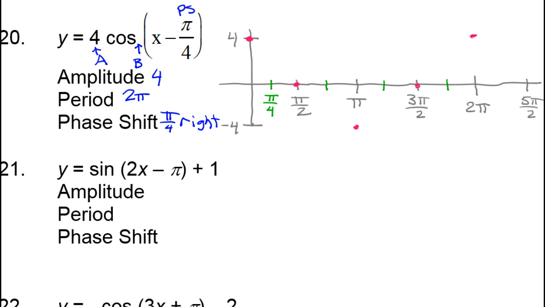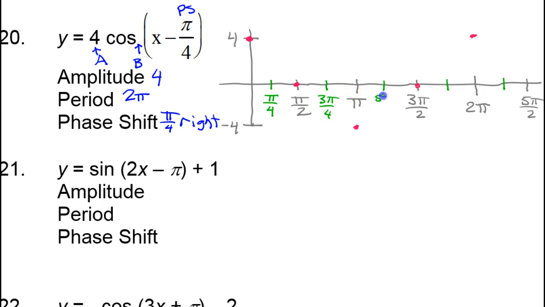And then I'm going to wonder, all right, I need to find the names of each one of these marks. Now, because they're exactly in the middle, I can find these green names by counting. This is 1 pi over 4. This is 2 pi over 4. It reduces. This will be 3 pi over 4. This is 4 pi over 4, which reduces.